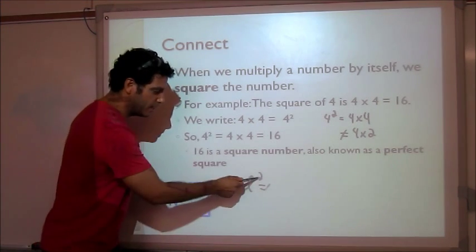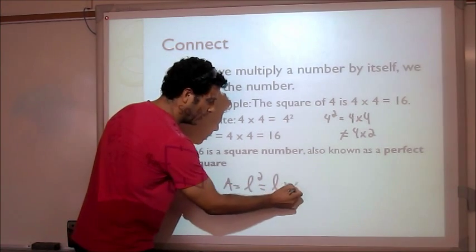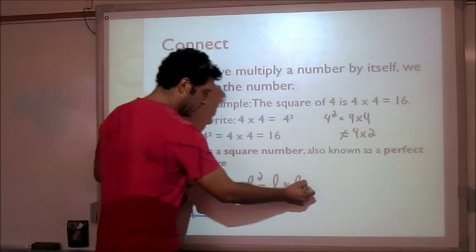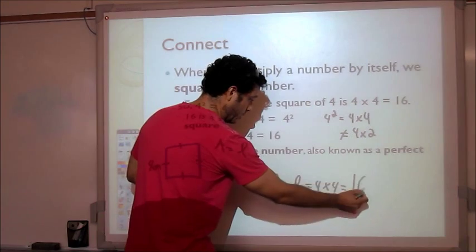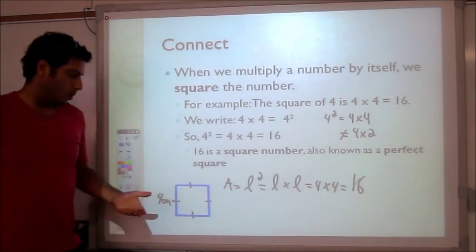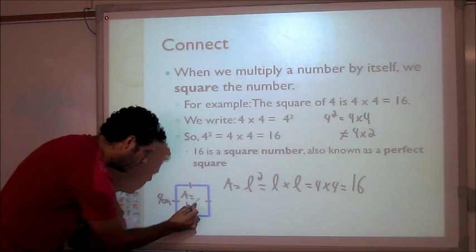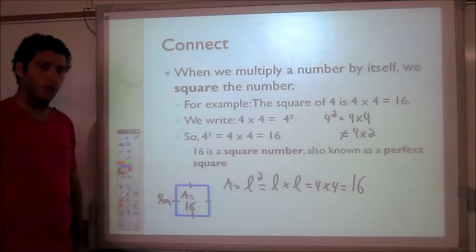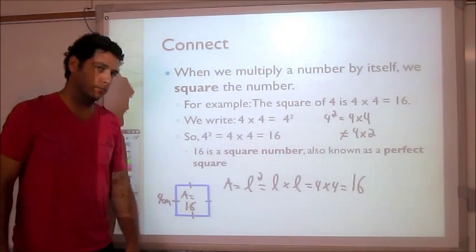Okay? That's how we'd say this. Or the side length times the side length. Okay? In this case, it would be 4 times 4, which is 16. So 16 is actually the area of this square. That's why we call it a square number, or a perfect square.